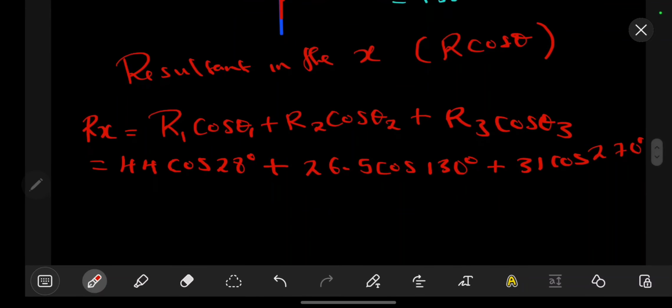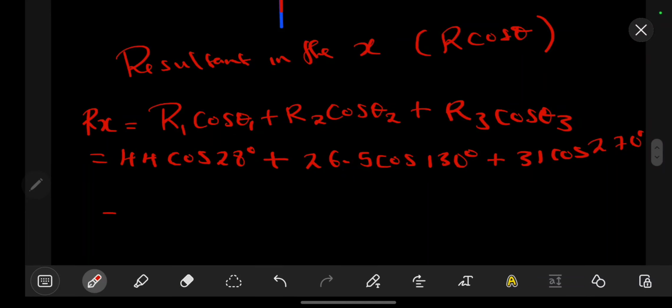So now you are going to press on your calculator. Our 44 cosine of 28 gives us a value of 38.85. Then we have plus 26 cosine of 130, which gives us a negative 17.0338.